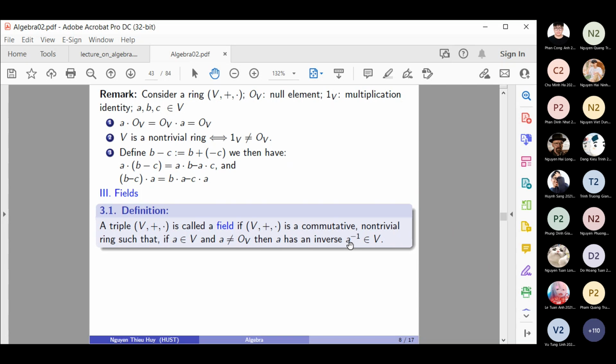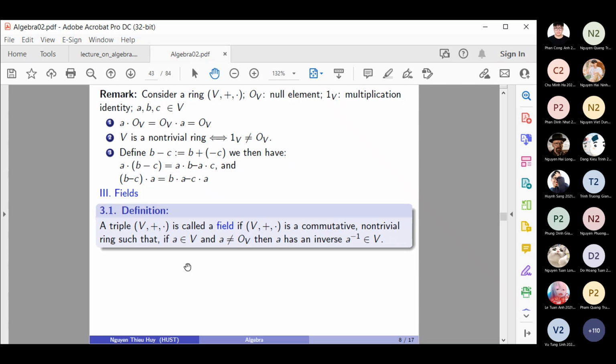This means the multiplicative inverse, so A multiply A to the minus 1 is 1V. So we say shortly, a field is a commutative non-trivial ring such that if A in V and A is not non V, then A has an inverse.